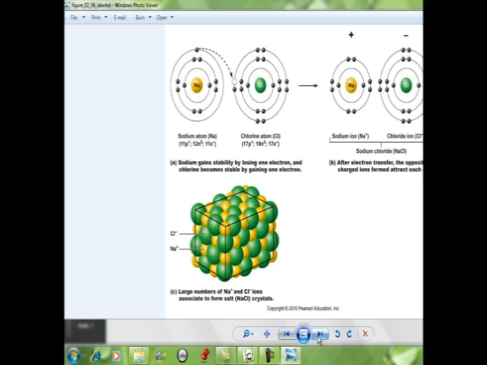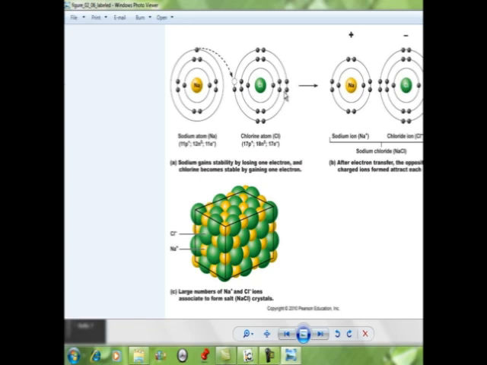They're both happy. But if you look up on this diagram, we see two guys that aren't quite happy in their present form. One's sodium and one's chlorine. Now, how many valence electrons does sodium have? What group does it live in? 1. How many valence electrons does it have?